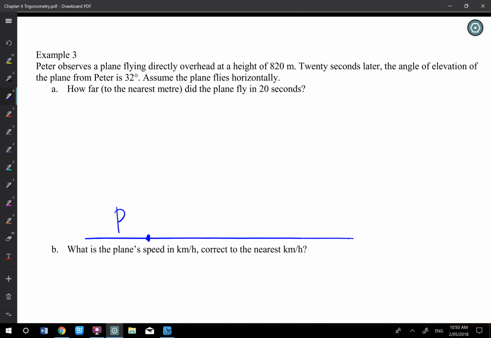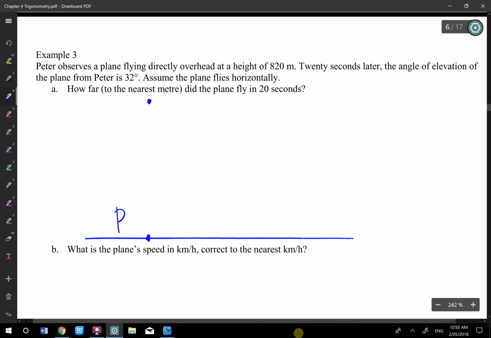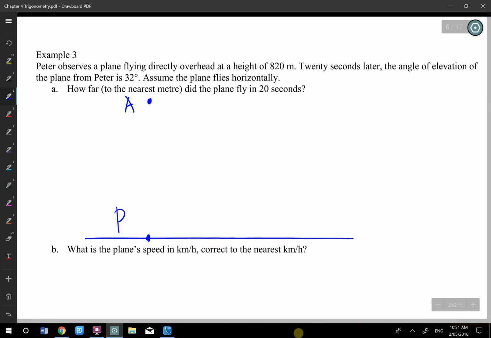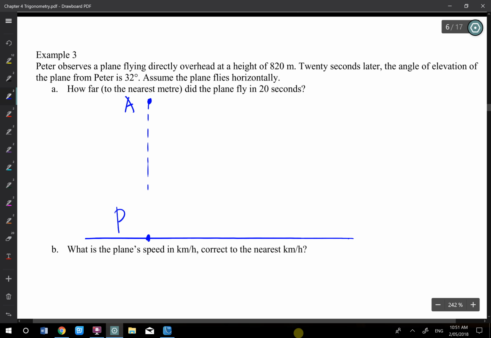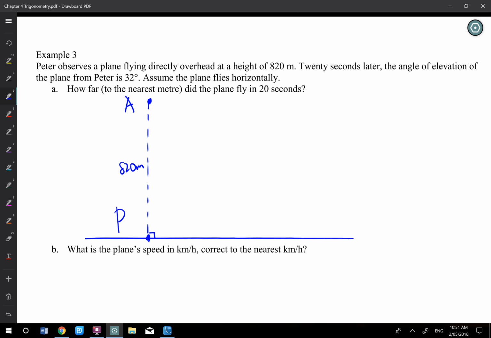So we have point P here, and Peter finds the plane about here. We use A to represent the plane, 820 meters above.